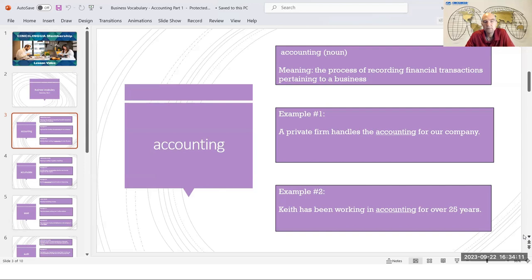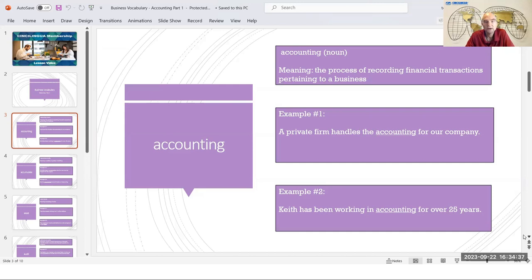And we have an example sentence here, which reads, a private firm handles the accounting for our company. A private firm manages that specific area of recording financial transactions for our company.